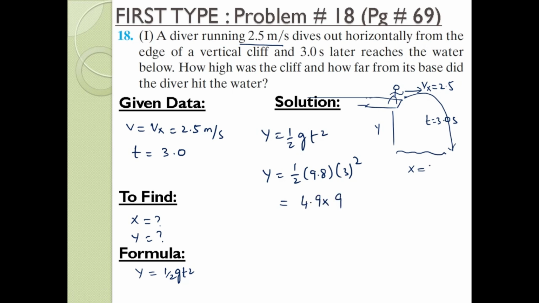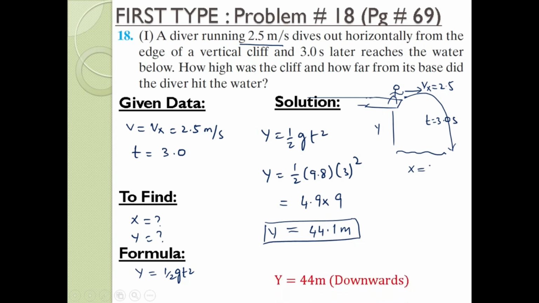It's around 45 meter. Exactly, 9 nines are 81, 8 remaining 36, and 8, 44.1 meter for y.